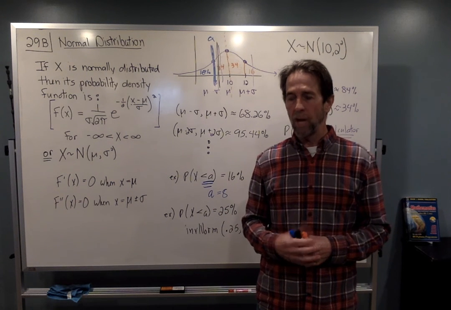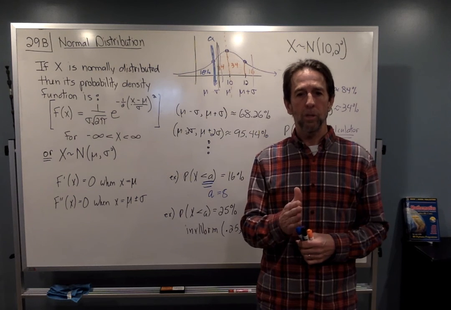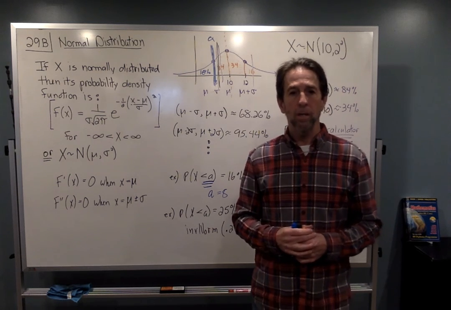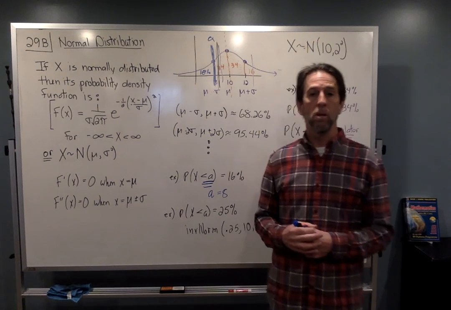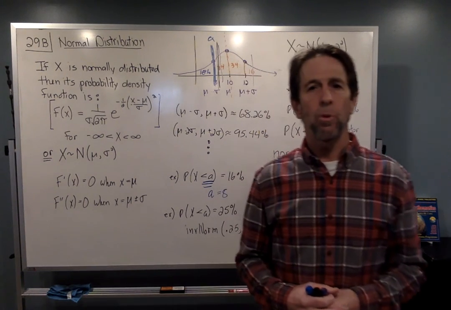We could also find what is the measurement of a person in the bottom 25%. So where is that quartile? And that would be finding that A, that value. So good luck with this problem set from 29B.